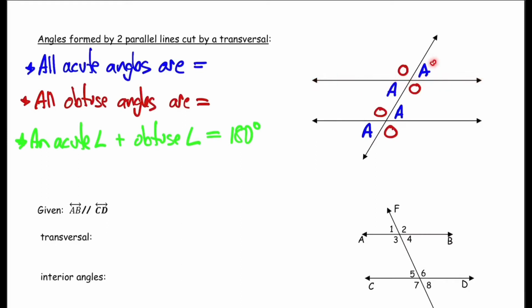But it doesn't matter which acute and which obtuse I pick. These two also add up to 180 degrees. So we've got two relationships we're going to have to keep track of. Are my angles equal, or do they add up to 180 degrees? So if I were to create a quick equation here, that would be angle O plus angle A equals 180 degrees.